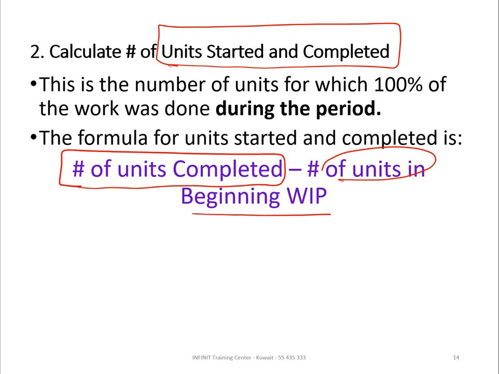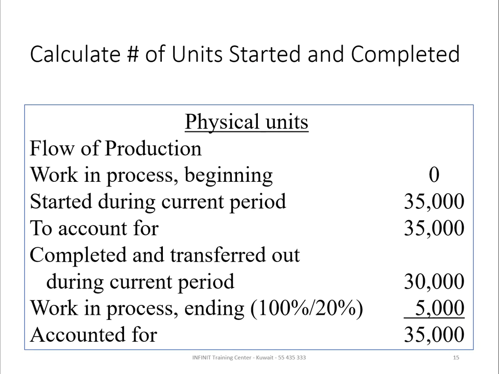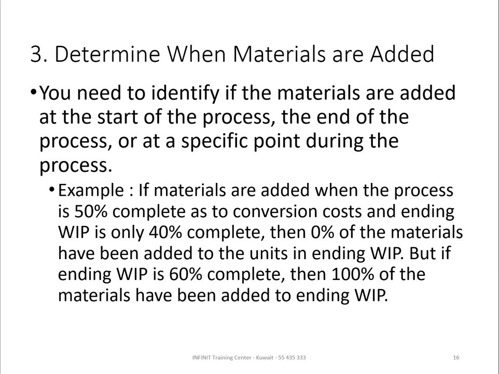So here we can find out the completed is 30,000, from that minus the opening, which is 0. So started and completed during the period is 30,000. We know that 5,000 is not completed. So it is completed minus the beginning work in process, that way you will calculate started and completed.